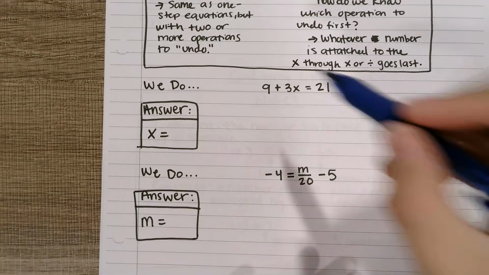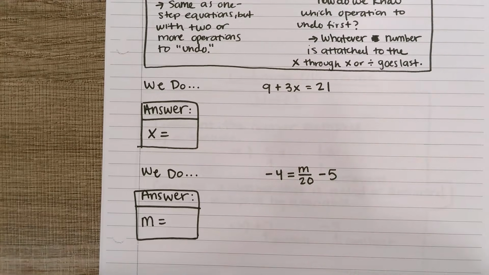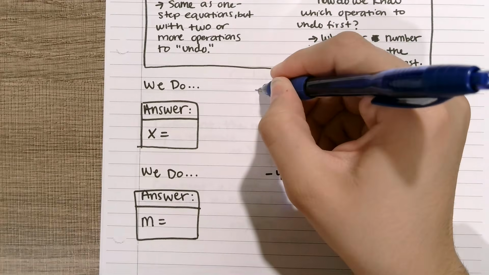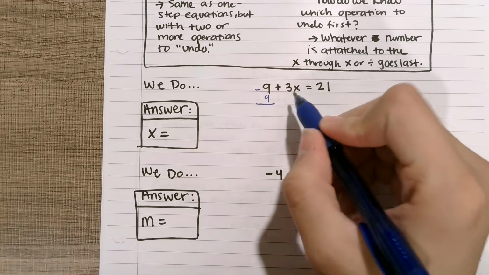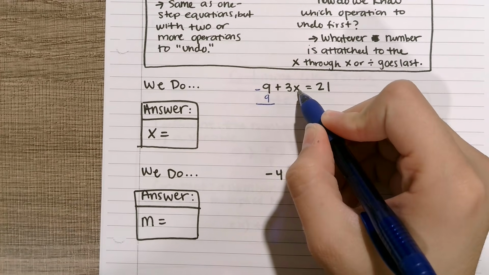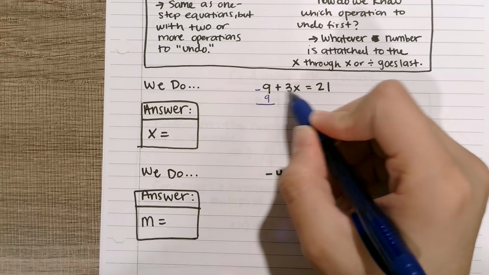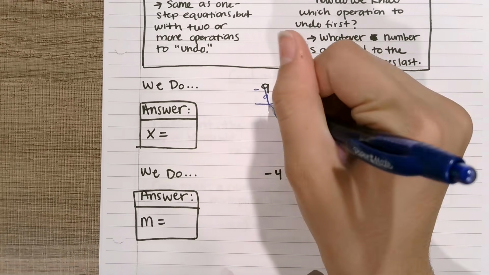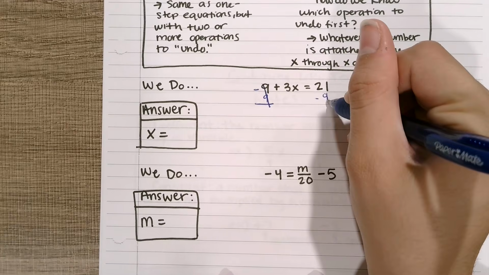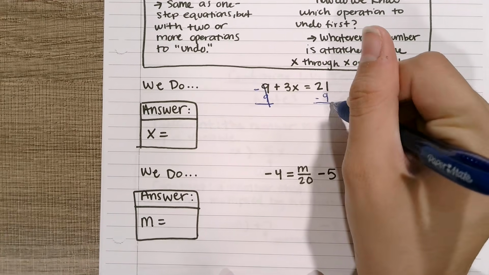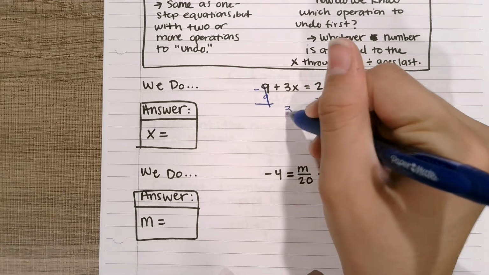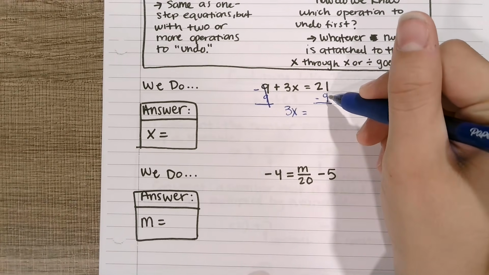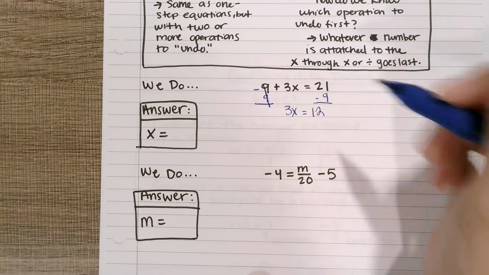So for the first one, again, isolate the variable through inverse operations. I'm going to take 9 away first because 3 is attached to the x through multiplication, so that inverse is going last. I'm starting here. Whatever I do to one side, I do to the other. I bring that 3x down equals 21 minus 9, which is 12.